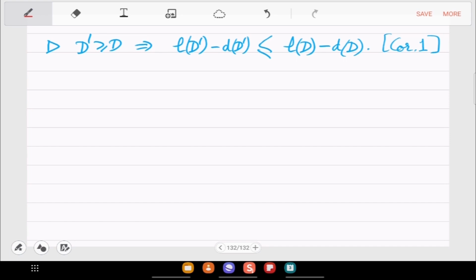Yeah, so you should read this as following. As you increase your divisor, the difference gets smaller. In other words, L is better approximated by the degree.